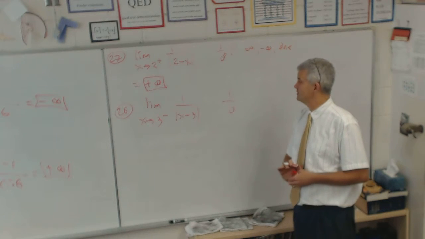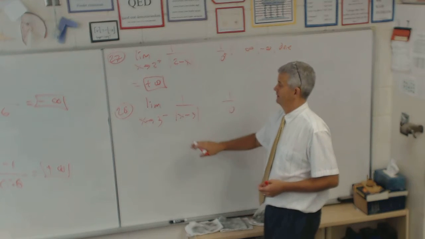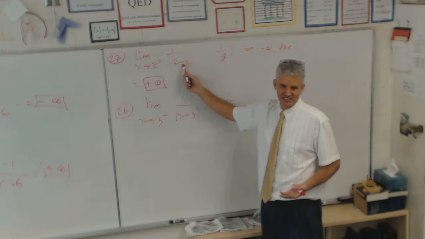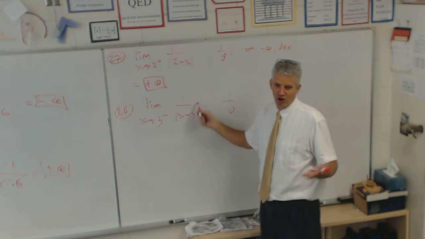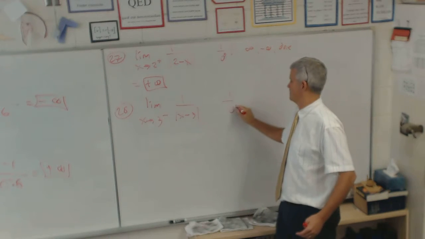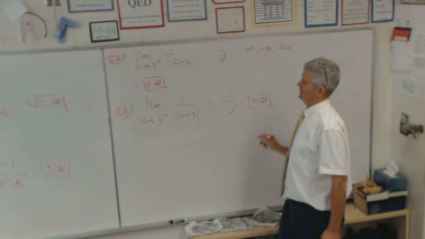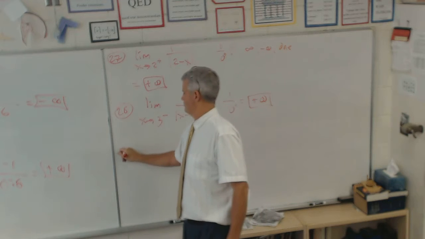Is it going to be positive or negative? It's got to be positive. This is an absolute value, it's always positive. It has no choice to be positive. So the answer is positive infinity.